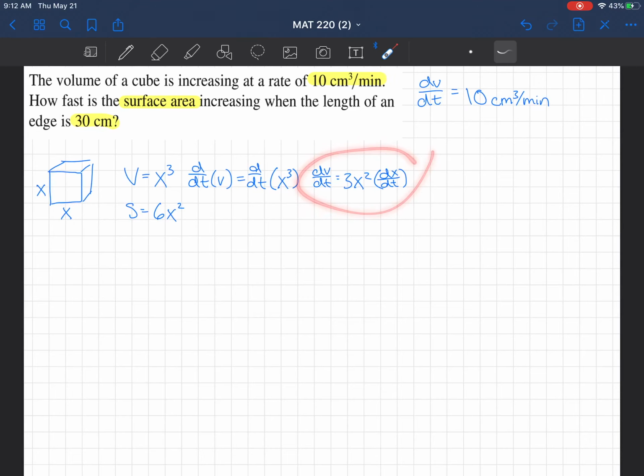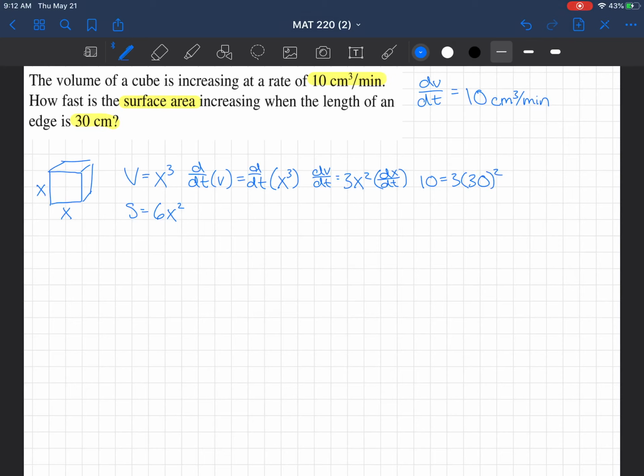However, if you look at this equation, we were given dV/dt, and we were also given our x value. So if we just go ahead and plug in those values, then we can go ahead and solve for dx/dt.